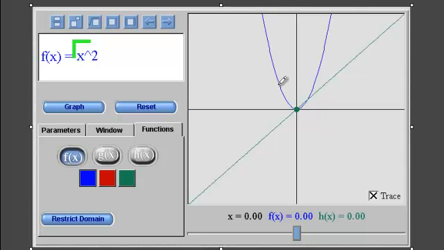Now, I said that not all functions have inverses, and that's because functions are not necessarily one-to-one. This is the graph of x squared, just a simple little function. It does not have an inverse entirely along its domain, because in order to flip-flop it across the y equals x line, it would have to be something that looked like this, and that would not be a function because it would not pass a vertical line test.